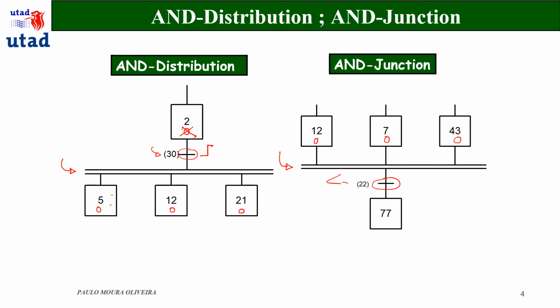So the transition 22 is enabled. If it is enabled, when it passes to the logical one, it is cleared, and it means that the tokens in these steps are removed, and then we got a token in step 77. So this is also called, as I mentioned before, synchronization of sequences.